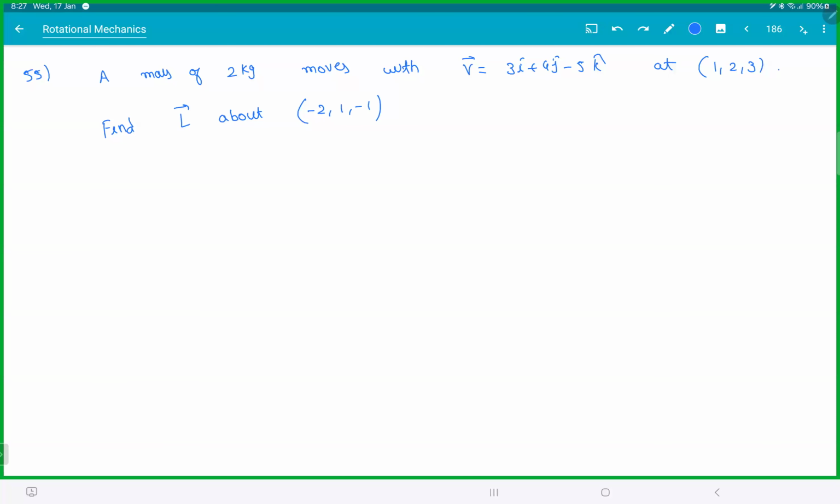Find angular momentum. Direct formula substitution.